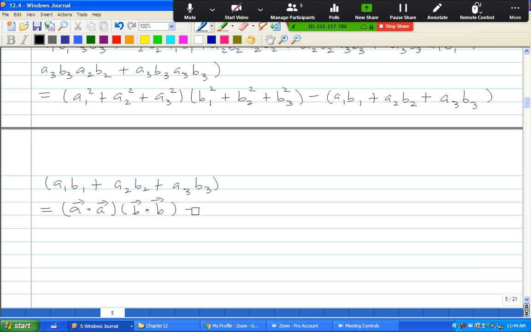This term is the same as that term. So it just looks like A dot B, and they're the same, so it's squared.